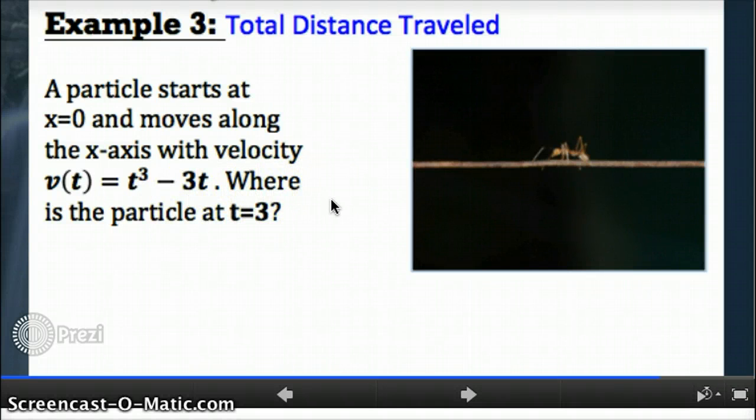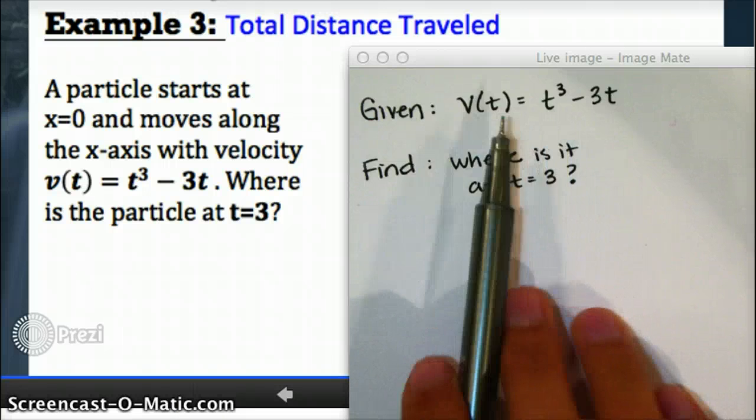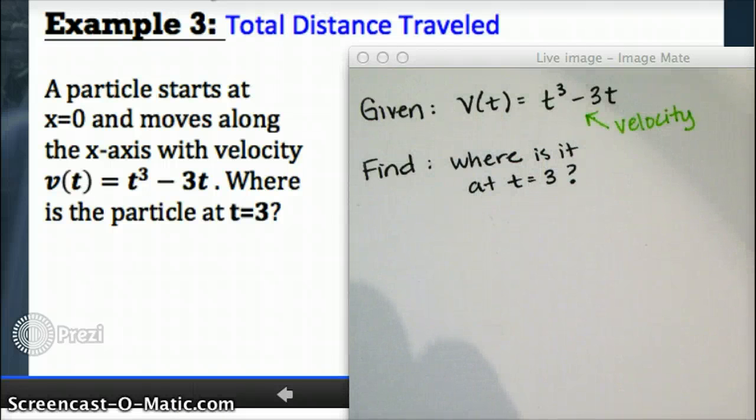Now, looking at this question, I imagine you might just draw a blank for a second. Where is the particle? Well, I don't know. Step back and think about what the information given means. When the problem gives us v of t as a function, it's telling us the velocity function.